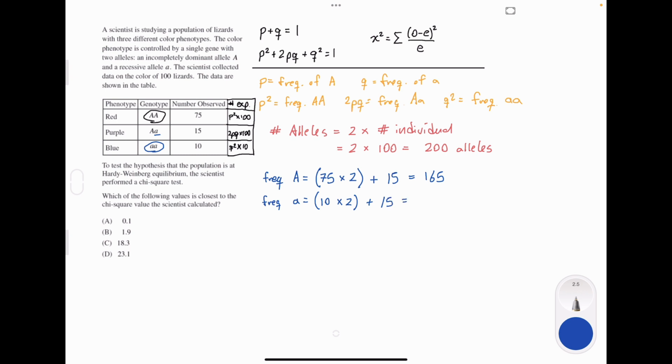This gives us a total of 35 alleles. Now, these are the numbers of alleles, but we need to find their frequencies. And so we already solved for the total alleles here, where we have 200 alleles. So we need to divide these by 200, and that will now give us our frequencies.